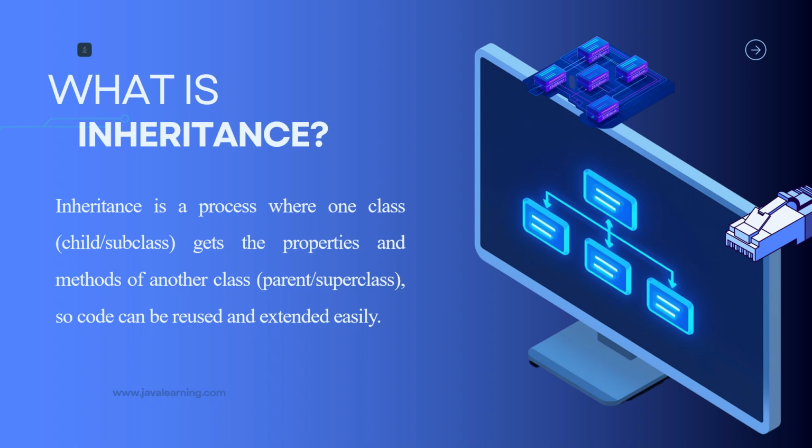Now, what does this actually mean? We have two classes, a parent class and a child class. The parent class contains some properties like variables and some behaviors like methods. Using inheritance, the child class can access and use the properties and methods of the parent class without writing the same code again.